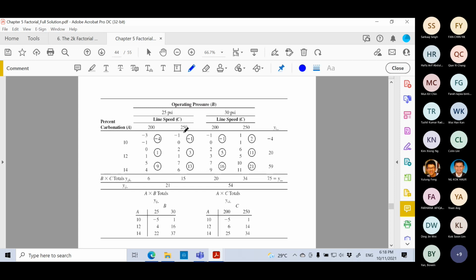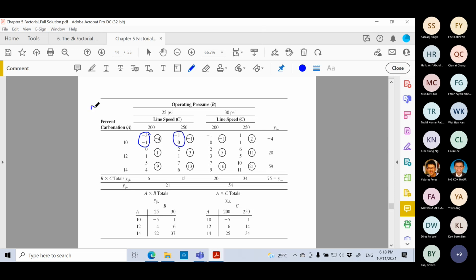So they run the experiment under a certain combination: 10% with the pressure at 25 and the line speed at 200. Then they run the experiment and obtain the following result, 2 data here under this combination. Another combination will be here, another 2 results, because each one they repeat 2 times.